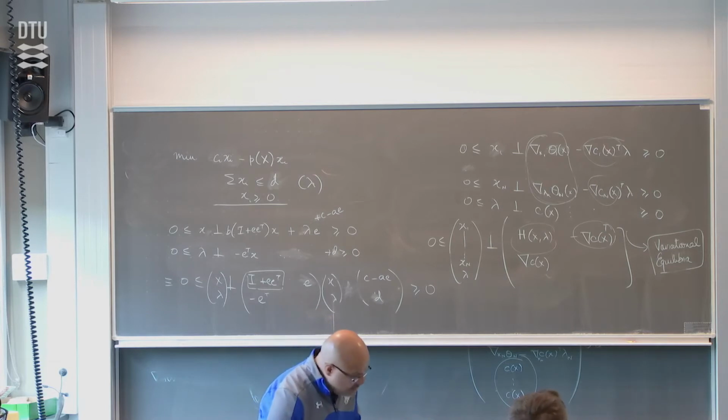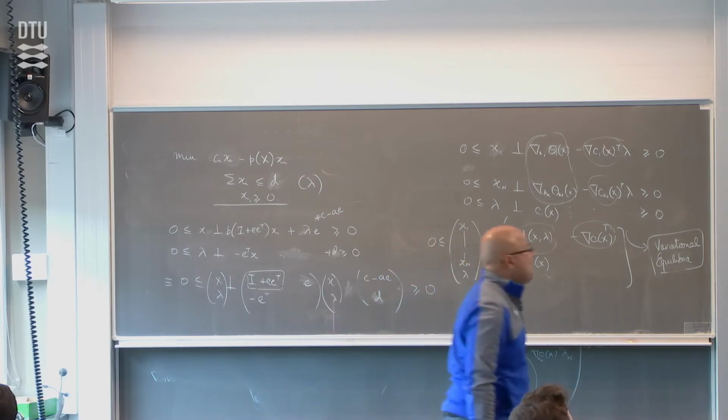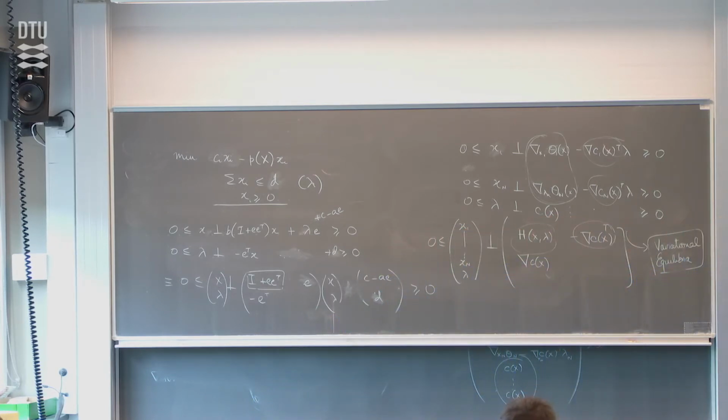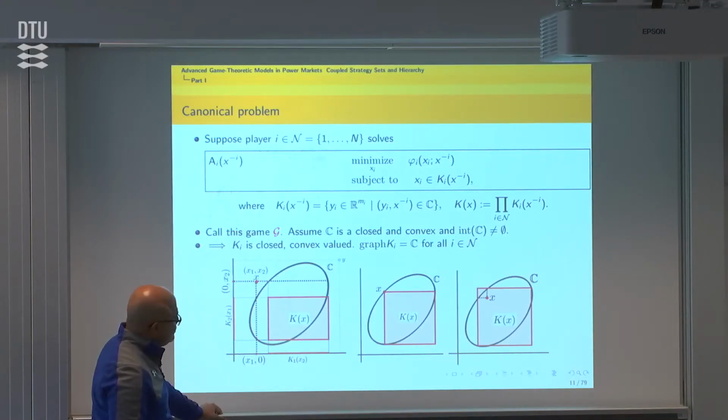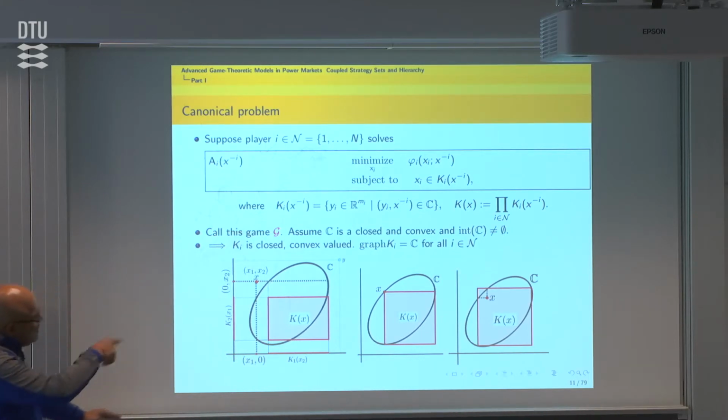Let's take the case where x1, x2 do indeed lie in C. Now here's what happens. When it lies in C, this is what K of x looks like. And I've looked at another instance there.